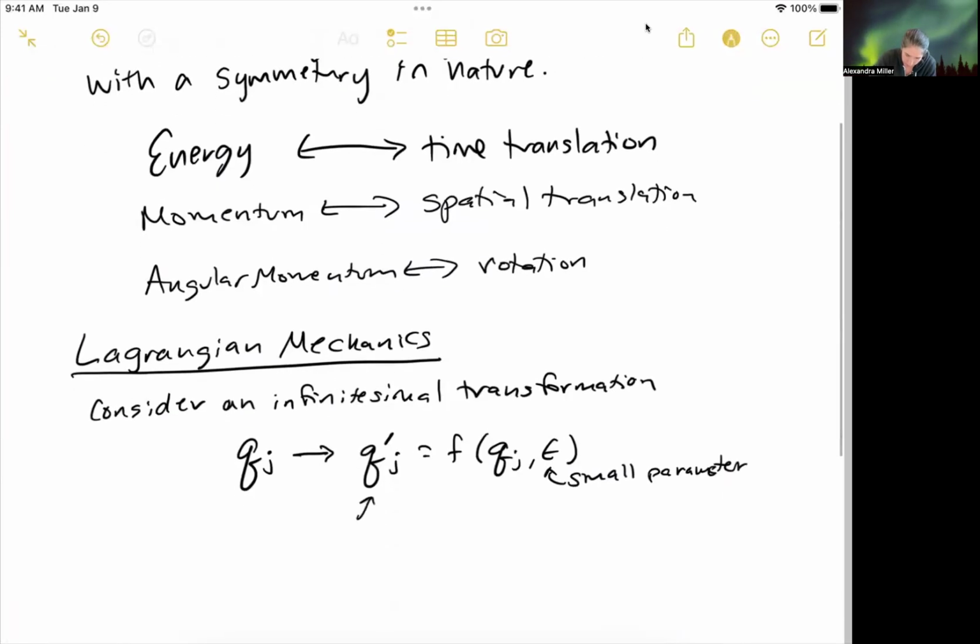This is our new coordinates, and Q are our original coordinates.